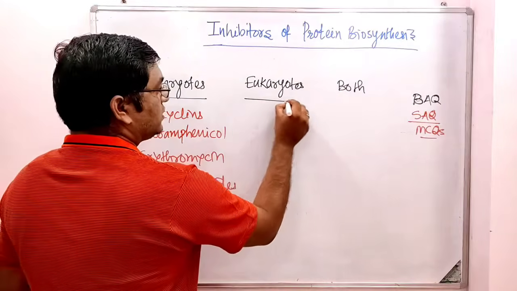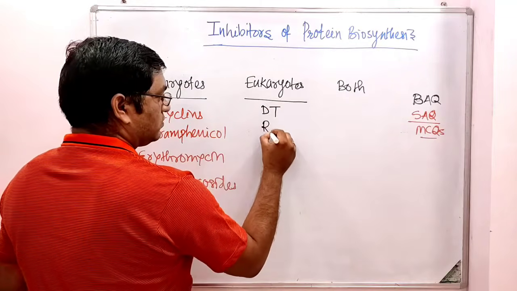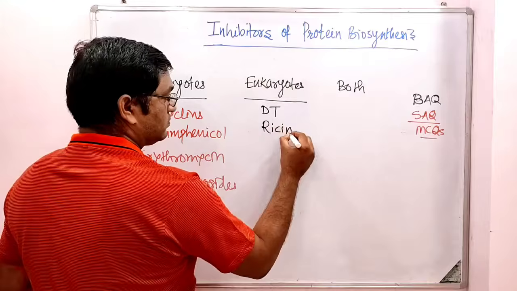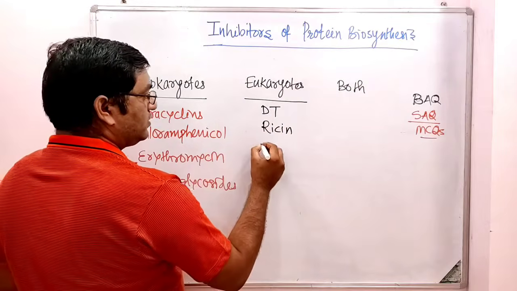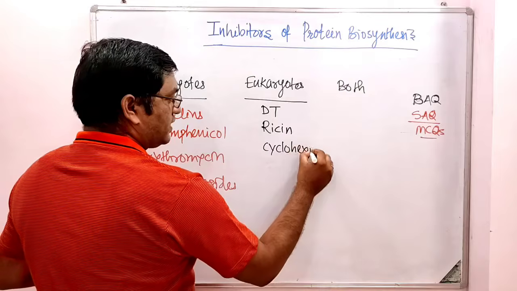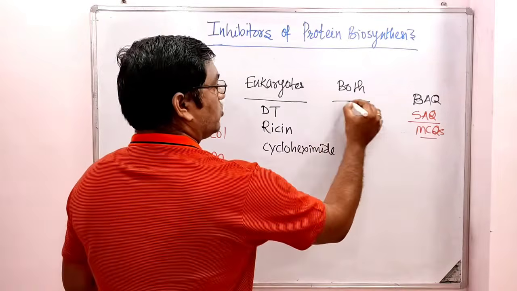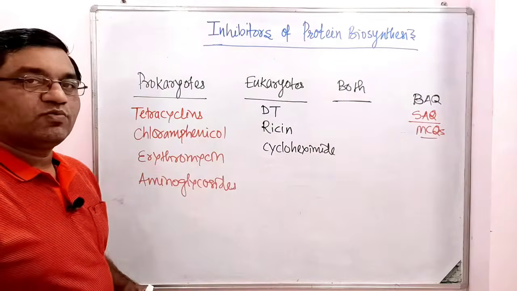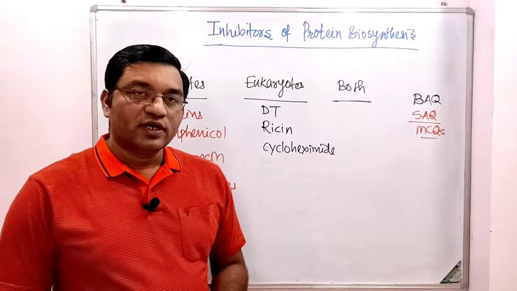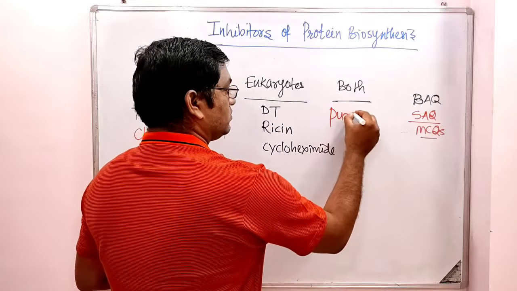Eukaryotic inhibitors include diphtheria toxin, then ricin and cycloheximide. This is an important MCQ: an inhibitor of both prokaryotic and eukaryotic translation process includes puromycin.